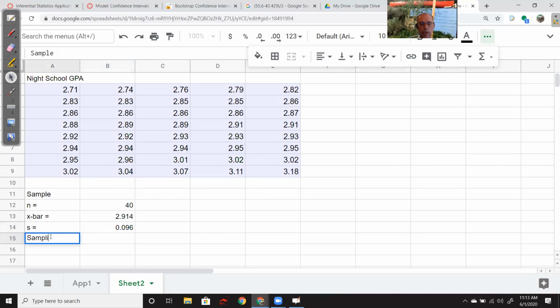Next is the sampling distribution, and this is a t-distribution. So I need the t-score, which is often called the test statistic, as opposed to the sample statistic. So the sample statistic is the X bar.